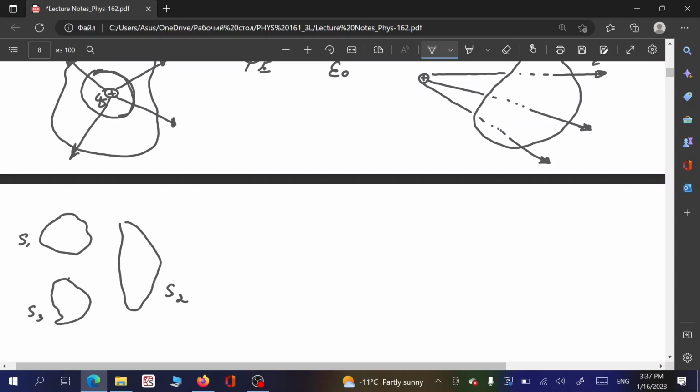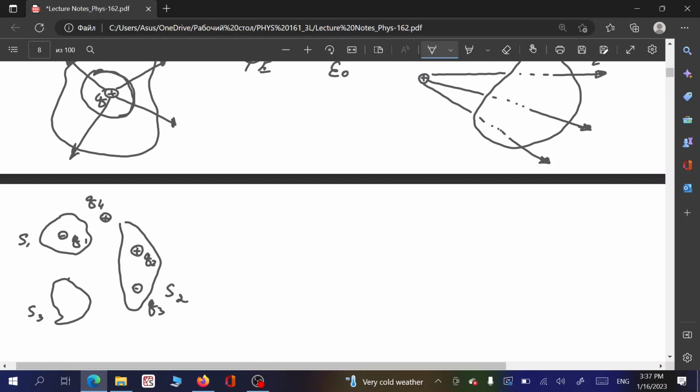And we will place some charges. So it will be negative charge Q1. Here will be positive charge Q2 and negative charge Q3. And somewhere here we will place positive charge Q4.